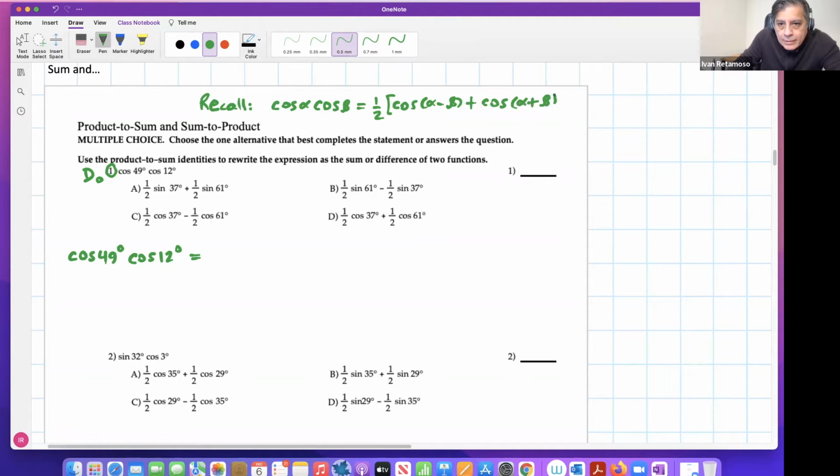Do this, please. Give you some time. Try to figure out what is the answer. The hint also: remember, let the first angle play the role of alpha. The second angle should play the role of beta. Go ahead. So try.